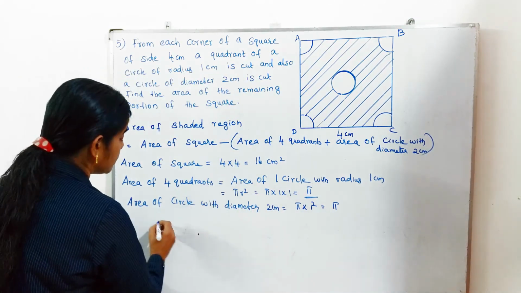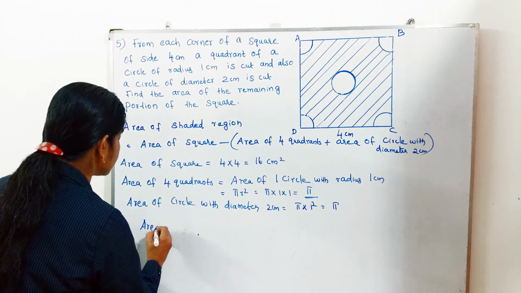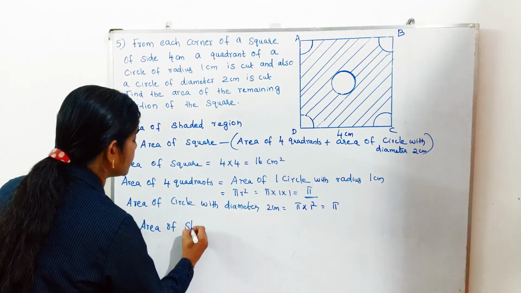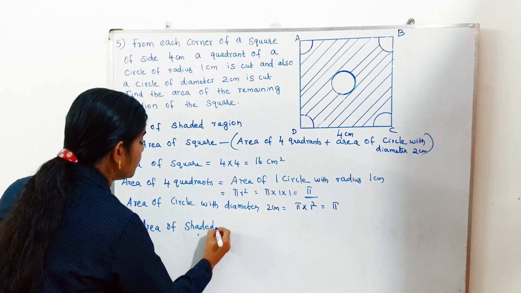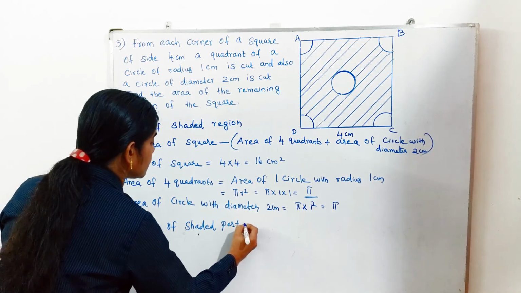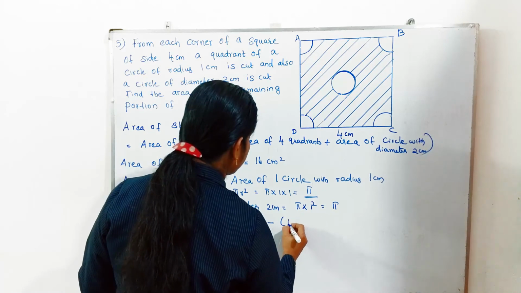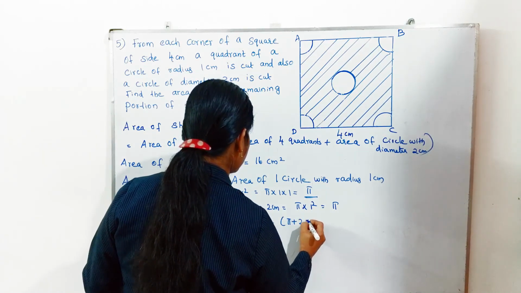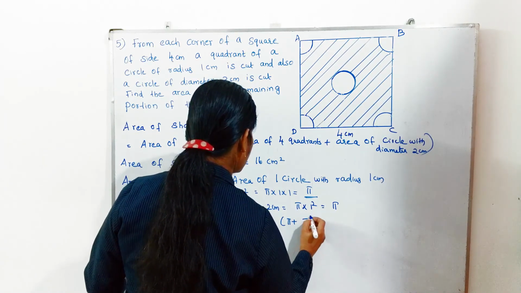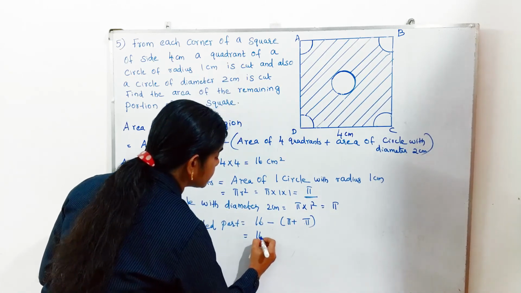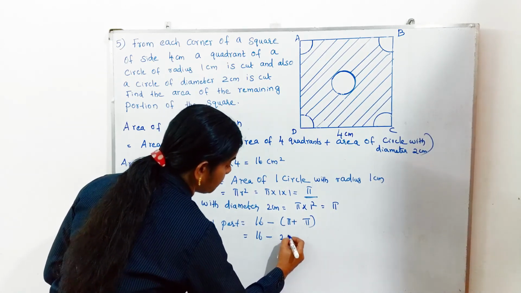Then area of shaded part is equal to 16 minus pi plus pi. That is equal to 16 minus 2 pi.